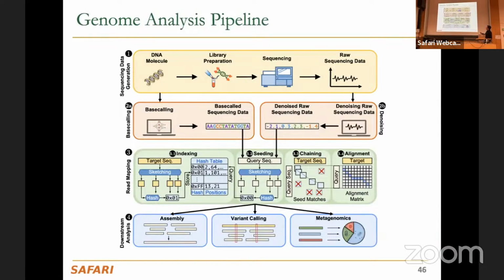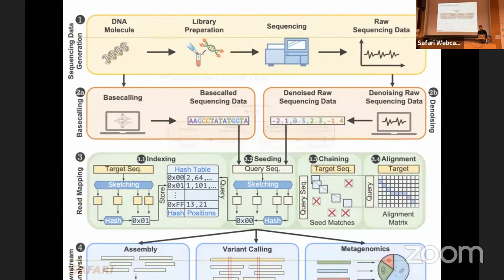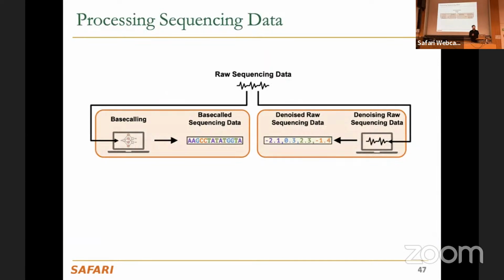So this is essentially how we generate the genomic data. But initially, what we have is raw sequencing data. So what we need to do is either translate this raw sequencing data into nucleotides in a human readable form, which is called basecalled sequencing data, using, for example, some neural networks.